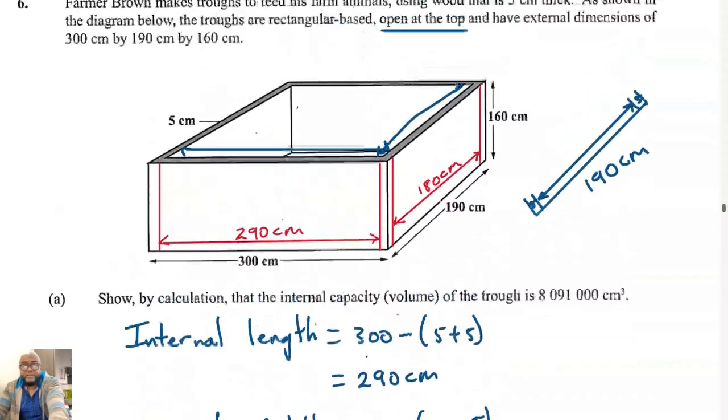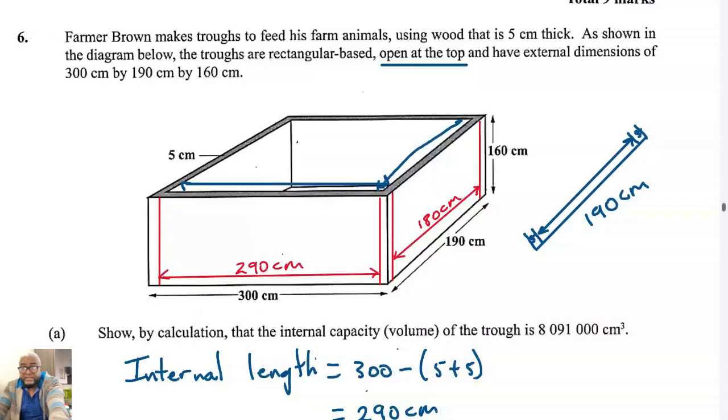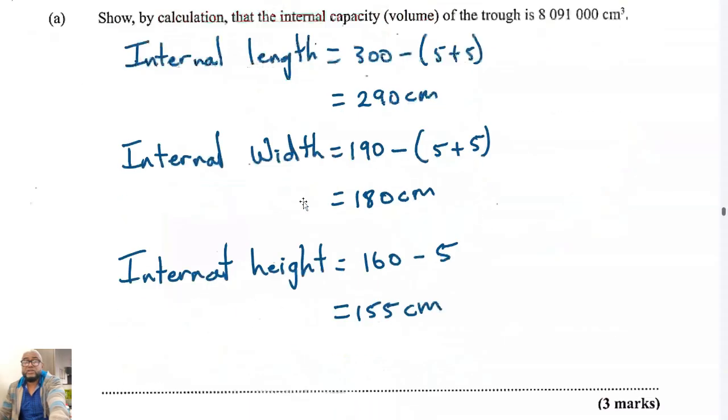Everybody seen that? And then the height now, there's only a thickness underneath. Let me see if I can show that below here. So there's only a thickness underneath there. So that's why it's only 160 minus 5 centimeters and not 10.